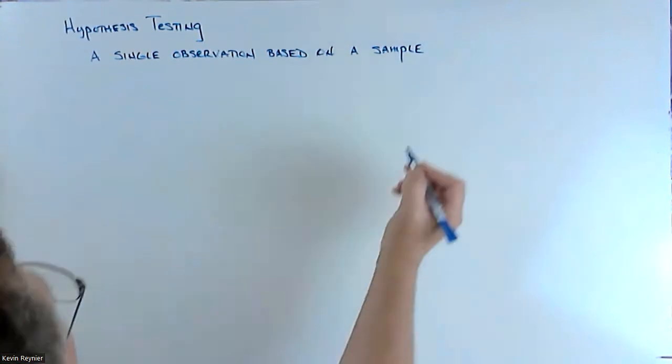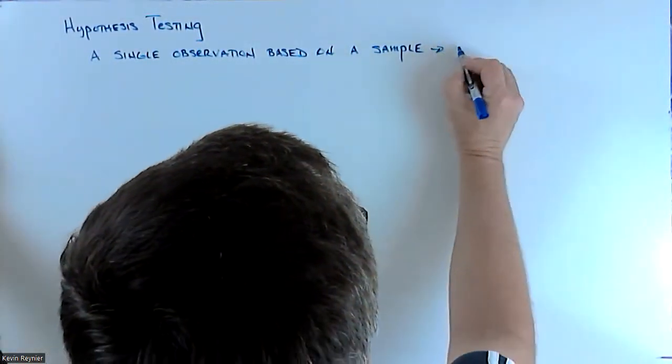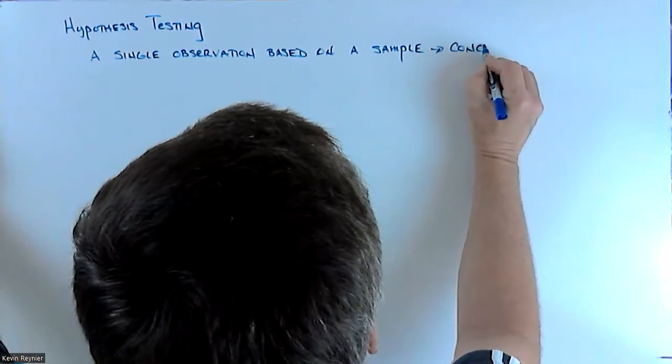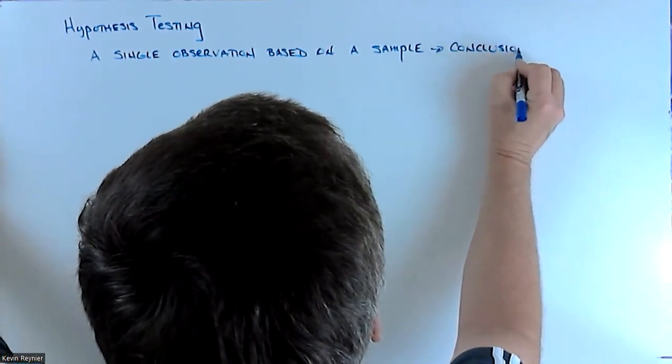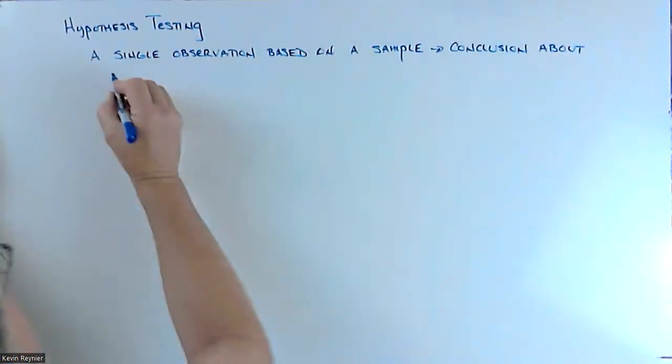That's it. We take one observation based on a sample. We ran our experiment one time. We want to know, can we formulate a conclusion about the population? Can this lead to a conclusion about the population?